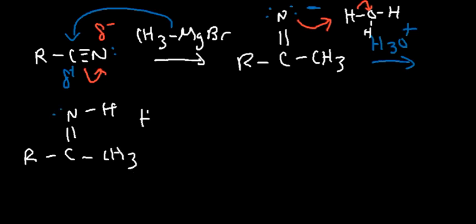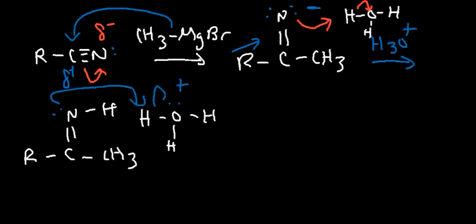But under acidic conditions, a nitrogen with a lone pair is still a base, but it's a weak base now instead of a strong base when it has a negative charge. So it's going to grab another proton. So now we have a protonated iminium ion.